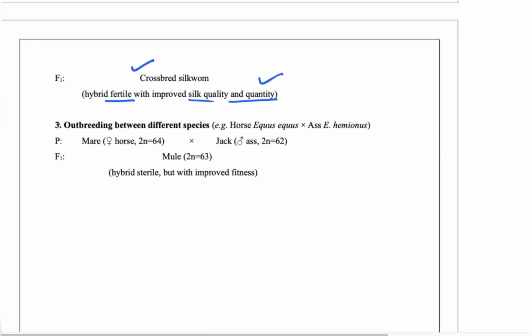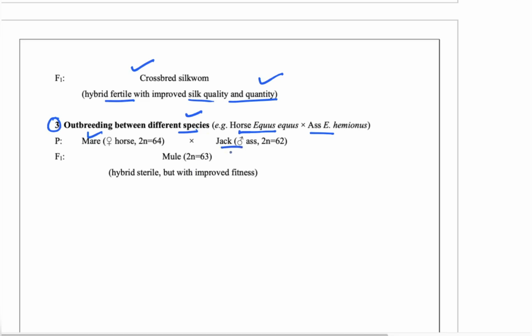Then there is outbreeding between the different species. This is very common in mountain areas. So here there is outbreeding between the horse and the ass, right? So mare, basically female horse is taken and the male ass, that is the jack.